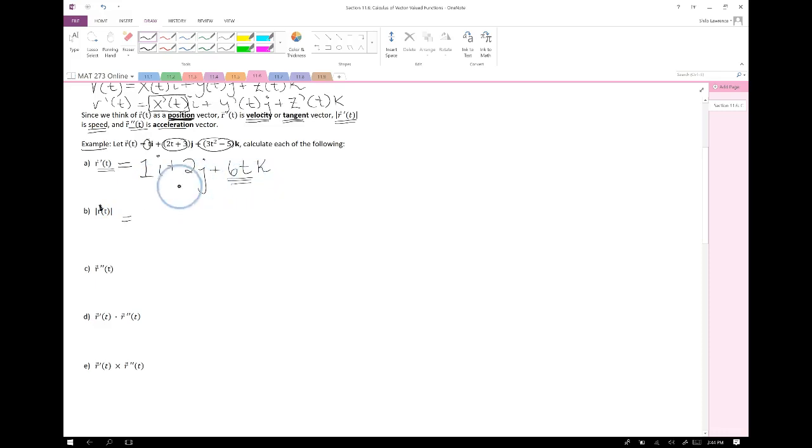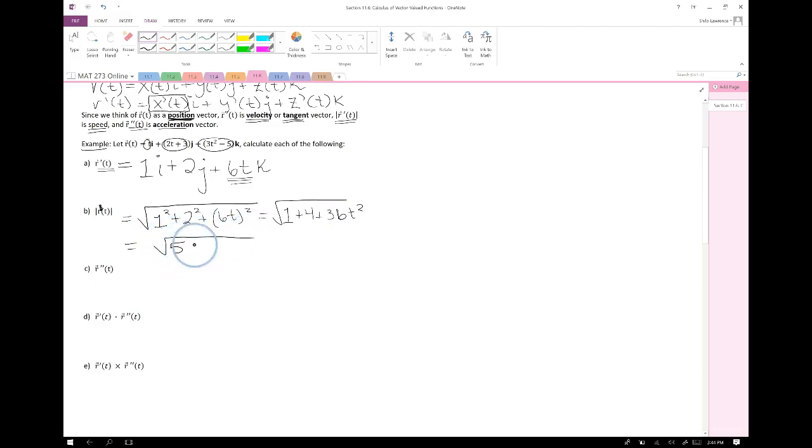So if we were to just apply our magnitude formula to what we got for r prime of t, remember magnitude is when we go in and just square each component and then add them together under a square root. And we just simplify this as much as we can. We work out those squares. We have the square root of 1 plus 4 plus 36t squared.